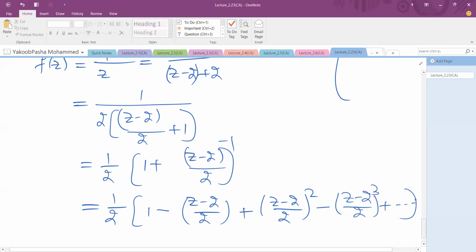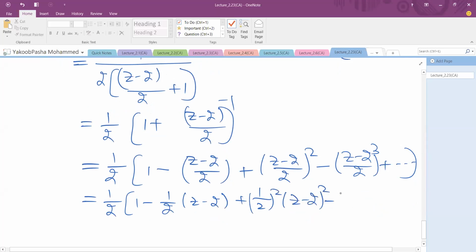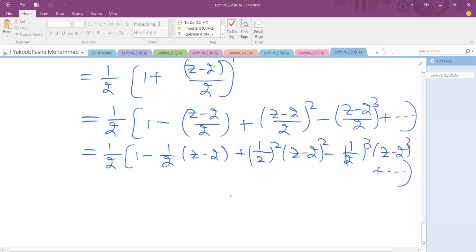This is the expansion. So this is equal to 1 by 2 of first term 1, minus 1 by 2 of z minus 2, second term 1 by 2 whole square into z minus 2 whole square, and third term 1 by 2 whole cube into z minus 2 whole cube, plus and so on.